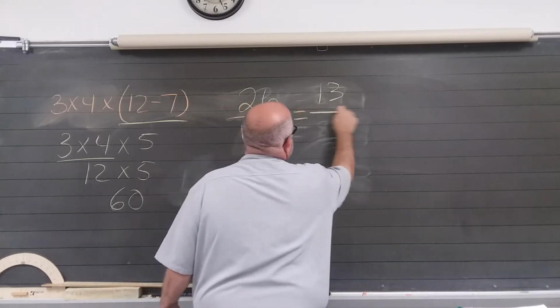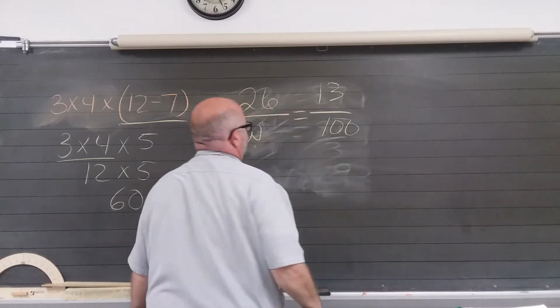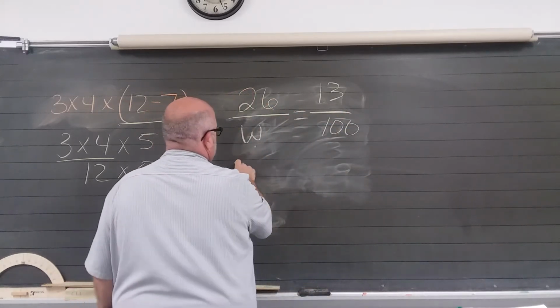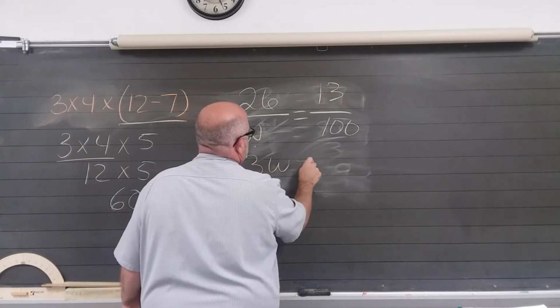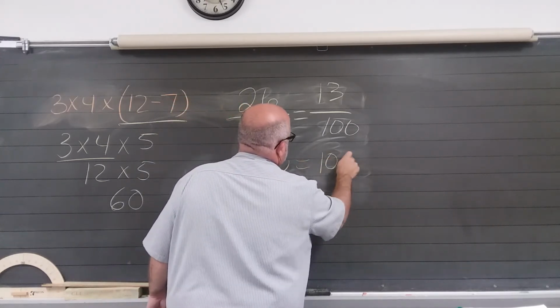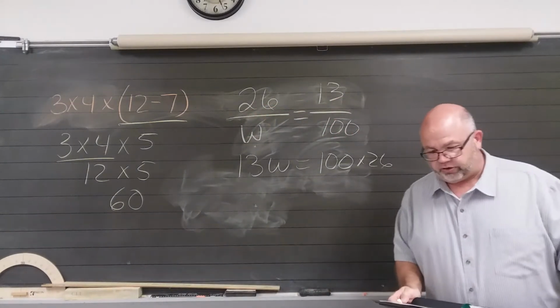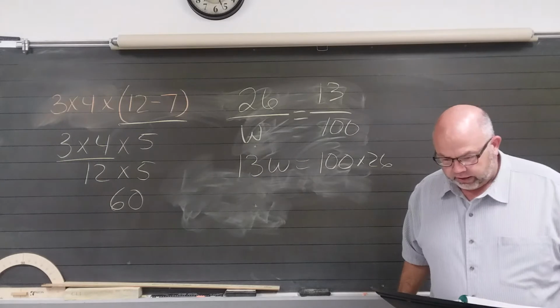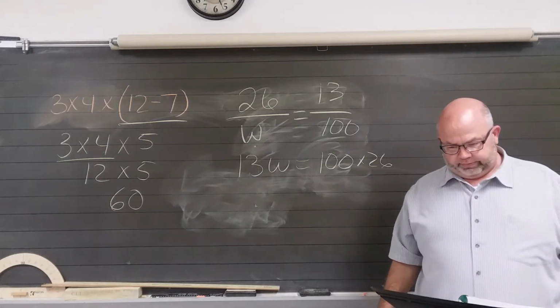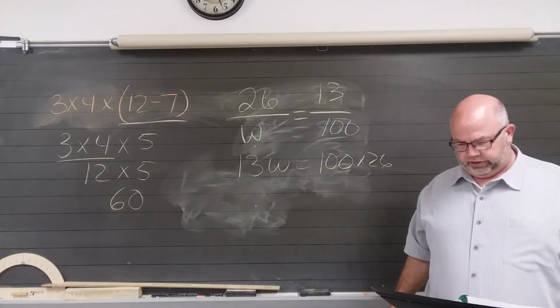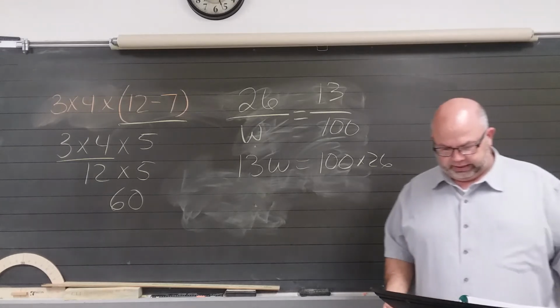There's your missing number, 13 over 100. So you have 13, your original equation, 13W equals 100 times 26. Then you solve that. Your answer is 200. W equals 200 for number 23.